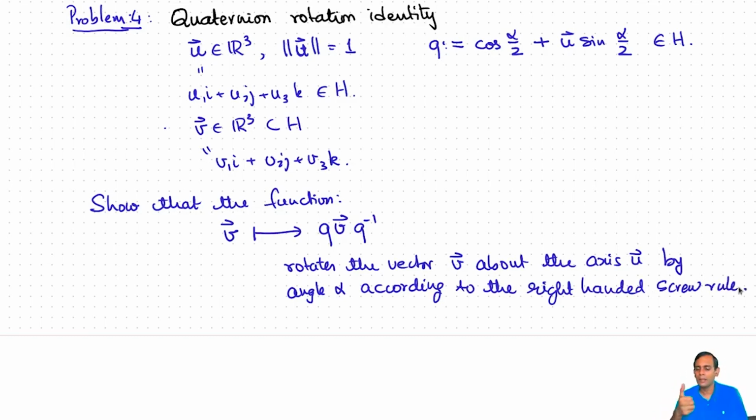So again, look at my hand: the rule says that if my thumb is pointing in the direction u, and alpha is a positive angle, then the rotation will be by angle alpha in the direction indicated by my fingers. Okay, so that's the problem.